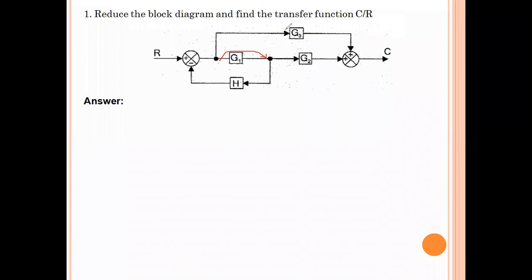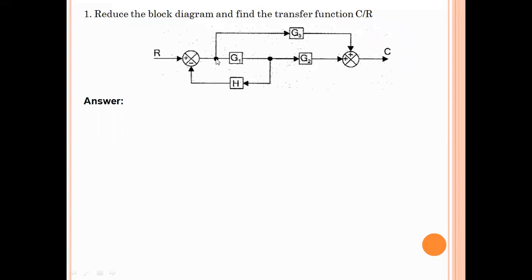Then what we get, we will get like this. And if we shift the branch point from before the block to after the block, then we will have a change. We need to add a block here. So do it now.